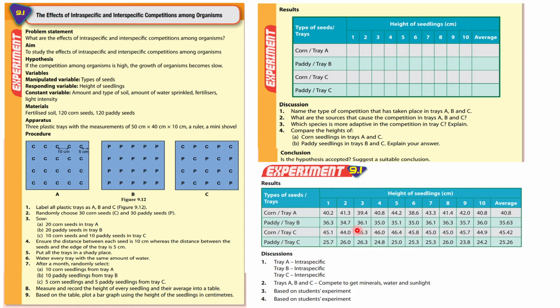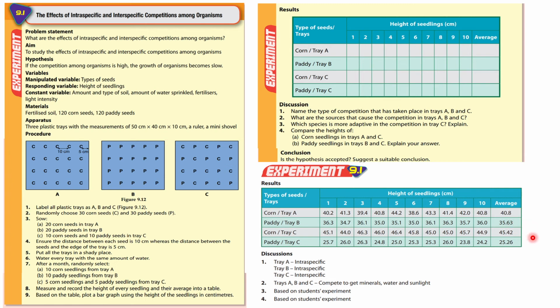Okay, how about tray B, paddy, and also tray C, those paddy seedlings that we are observing? It seems like paddy in tray C, which is experiencing interspecific competition, has a smaller value than paddy in tray B, which is experiencing intraspecific competition.